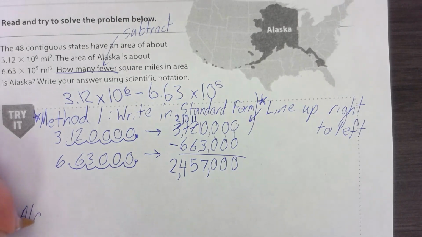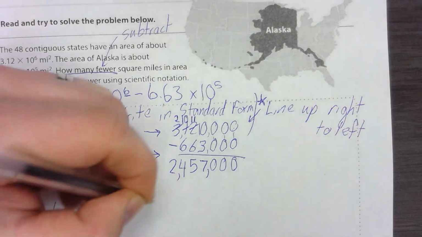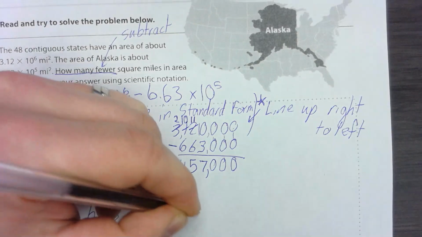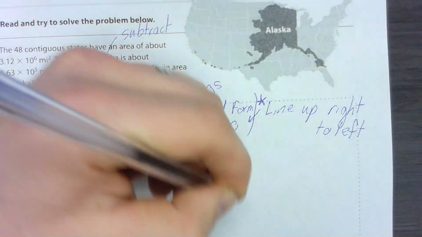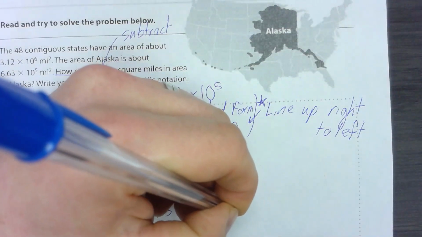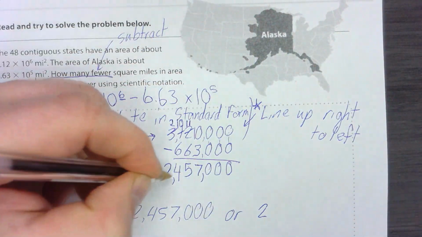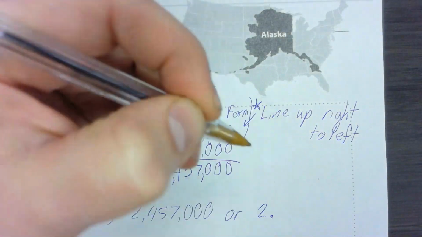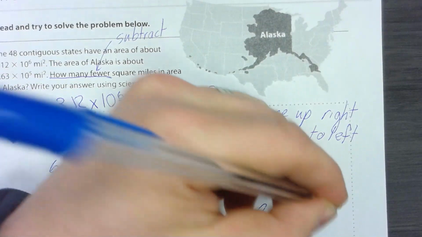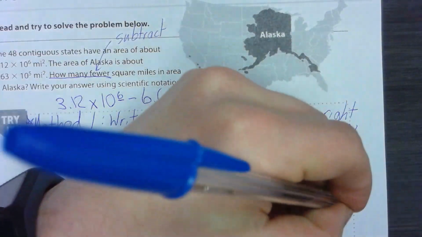Alaska has 2,457,000, or let's write it in scientific notation. 2, a decimal goes right after that 2. 2.457 times 10 to the, we moved it 1, 2, 3, 4, 5, 6 times.